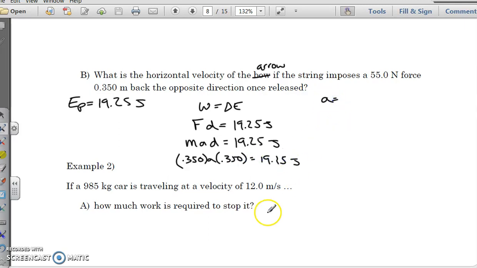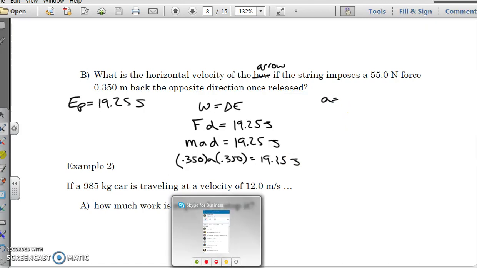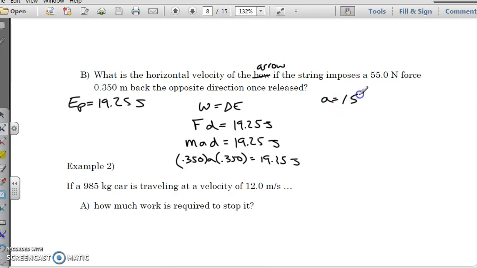So first thing we're really doing here is finding the acceleration of this arrow. And we find that the acceleration is 157 meters per second squared. That's just simply dividing both sides by the 0.35 and 0.35 again for the mass and the displacement.